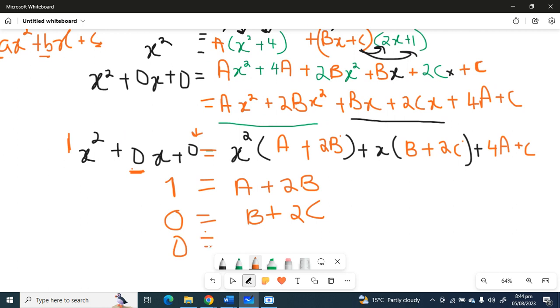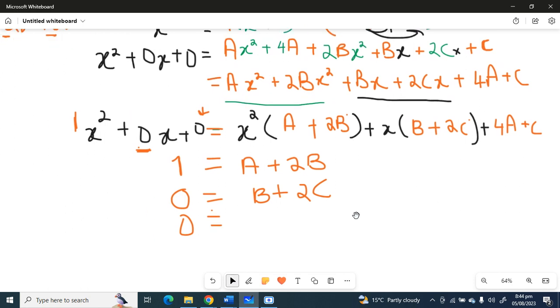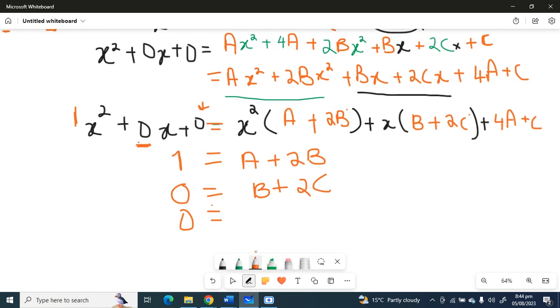Now, right-hand side, this 4a and this c, since they did not have any x, they're regarded as constants. So you write 4a plus c. Any questions?